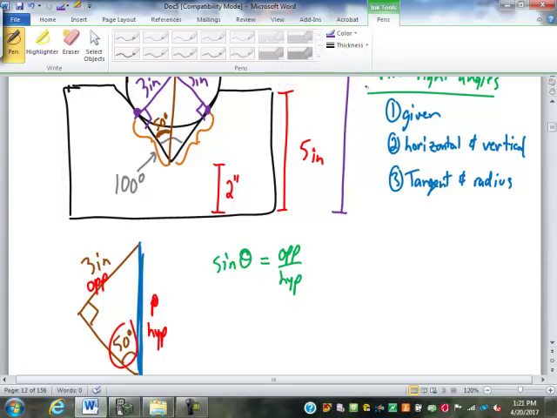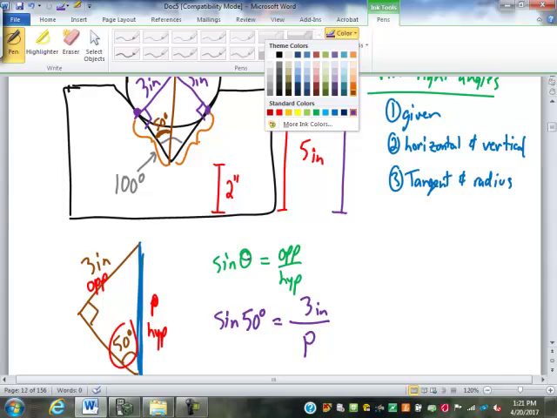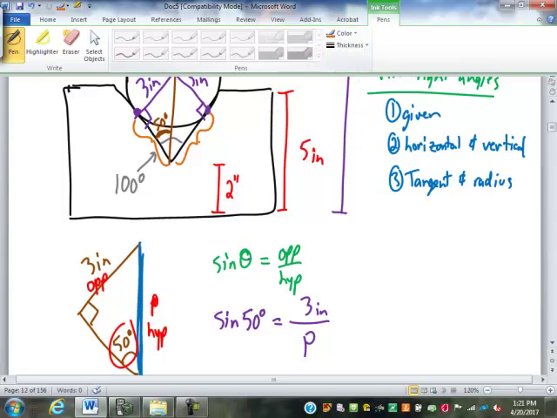And I'm going to plug in what I know. Do I know the angle? 50 degrees equals, do I know the opposite side? Yes, that's 3 inches. Do I know the hypotenuse? No, that's P, what I'm looking for here. So am I looking for an angle or am I looking for a side? Looking for a side. So when we do that, we set it up as a proportion.